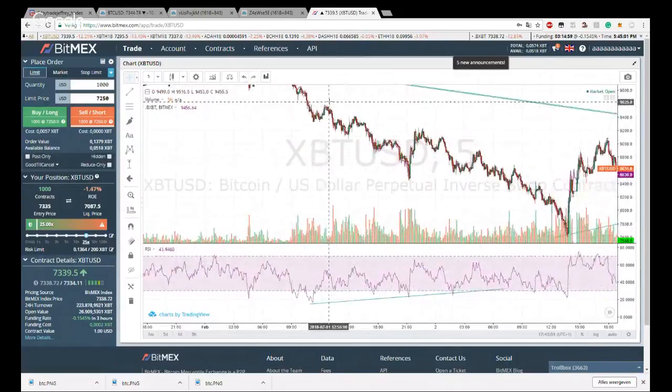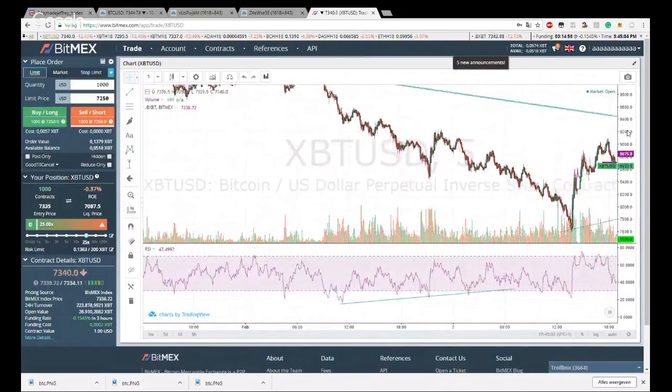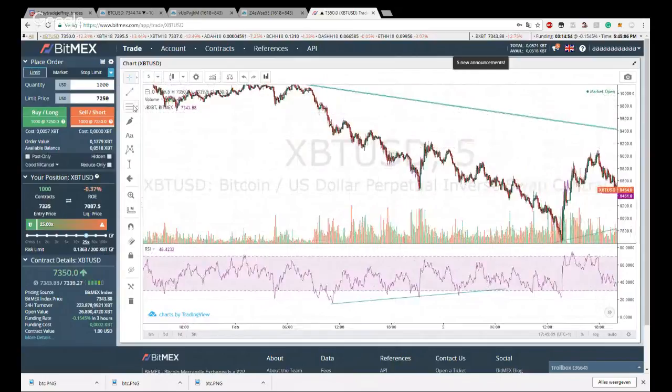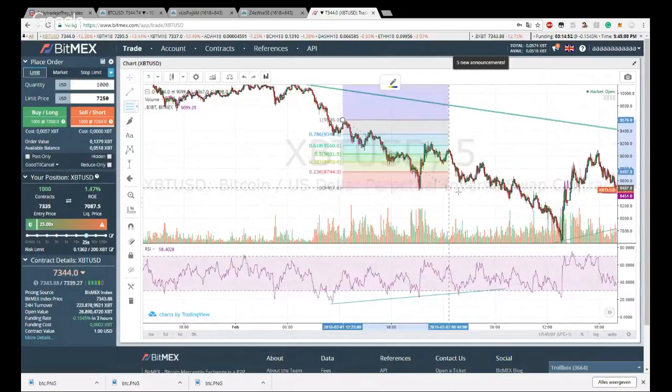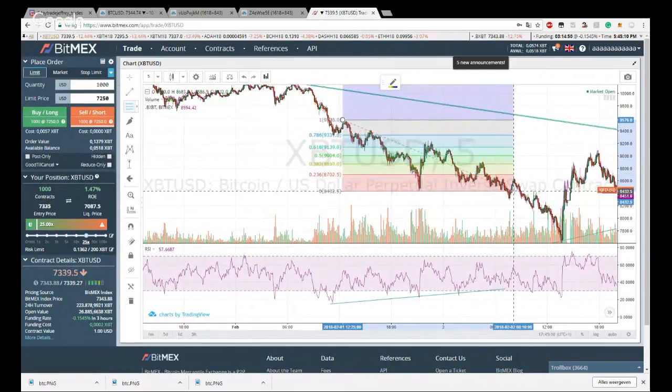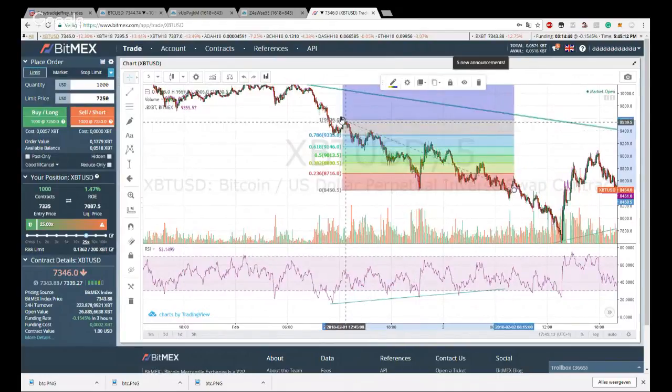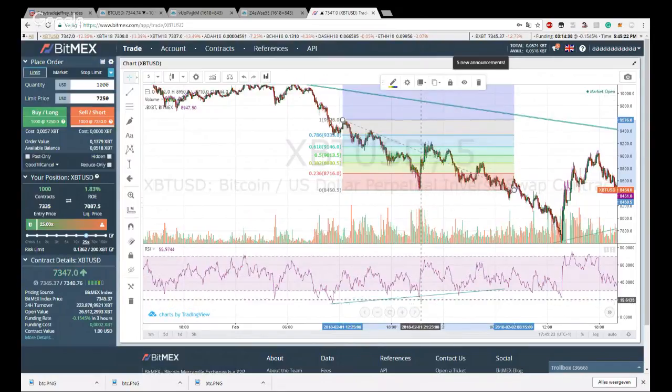So the price started its down move. Basically, this is the move. The RSI was sitting at 15 here, and then it dumped, and basically the RSI didn't really like to join this dump.